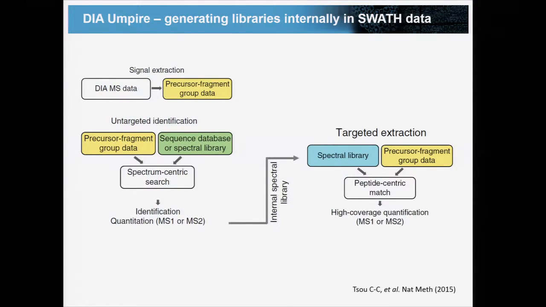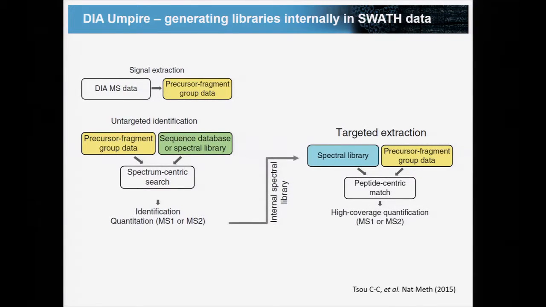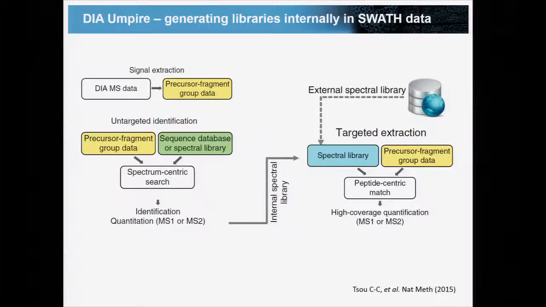So they went from quantitation to high coverage quantification over here. Essentially, they're trying to get to this very complete matrix that we said we already have from the targeted data extraction. They also mentioned that this is now compatible with external spectral libraries, so you can do a hybrid approach. You can generate your own library internally, or you can download spectral libraries and do this targeted extraction based on both of those.